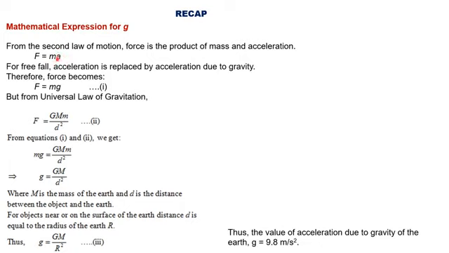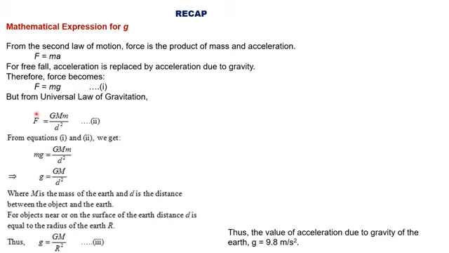Now this a will be replaced by small g, because this a is nothing but the acceleration due to gravity under the gravitational force of earth. So I can replace small a with small g, and here I am getting the formula F equals m into g.